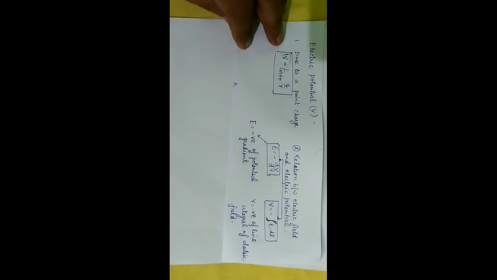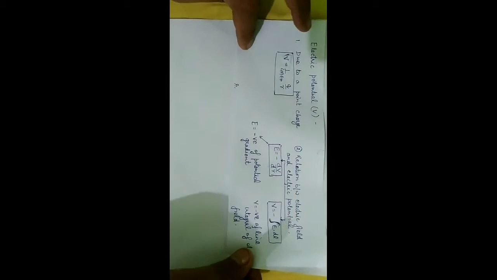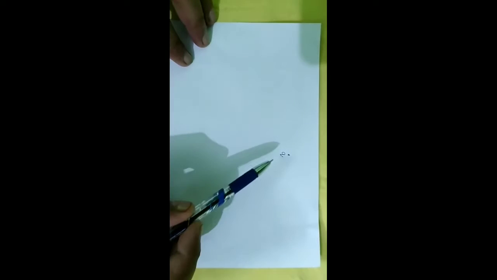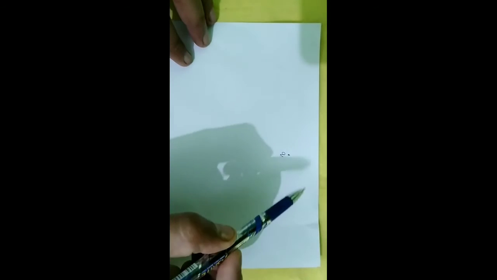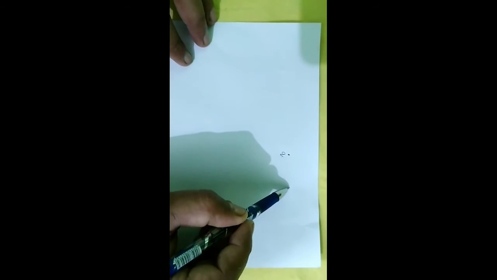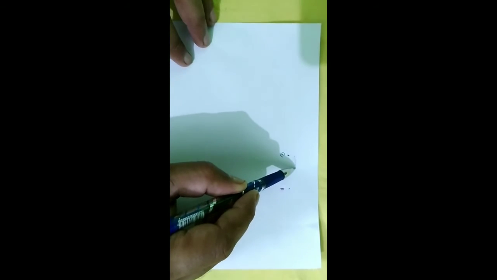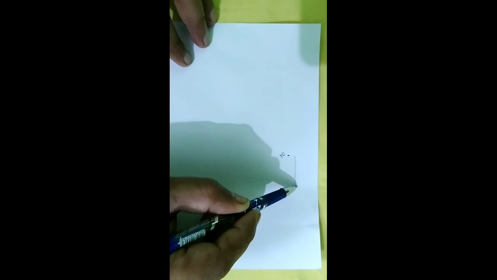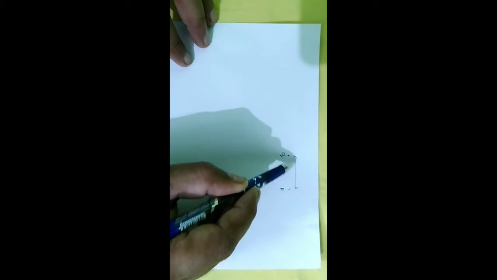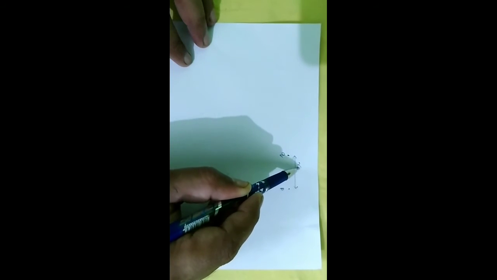First, let us assume the situation. Consider a source charge Q and P is a point where we want to calculate the electric potential. Let its distance from the source charge Q be Rp.